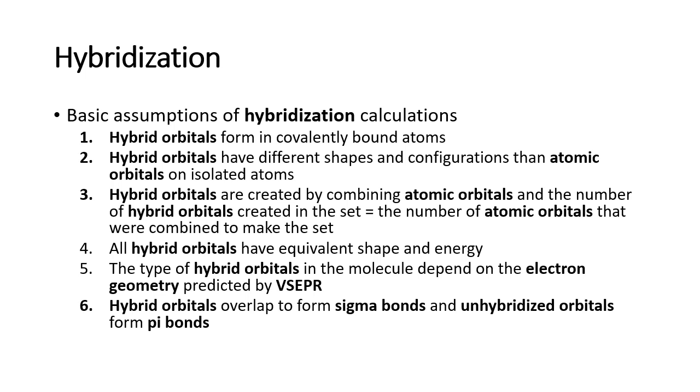And finally, hybrid orbitals overlap to form sigma bonds, and unhybridized orbitals form pi bonds. So if we recall, sigma bonds were where we had our electrons overlapping along the axis, and pi bonds were where we had it overlapping above and below the bonding axis.